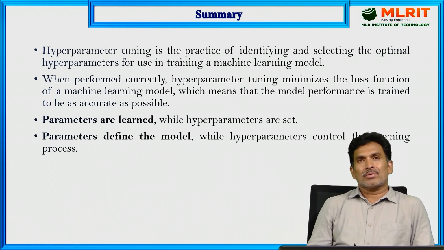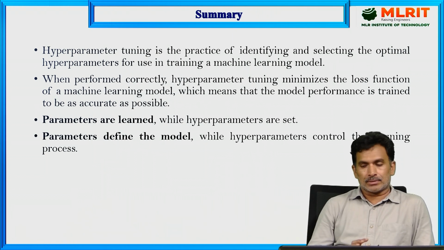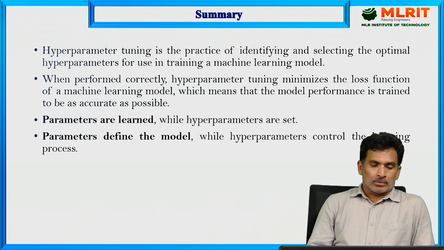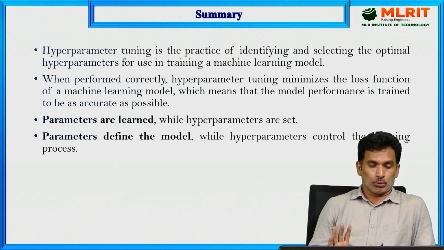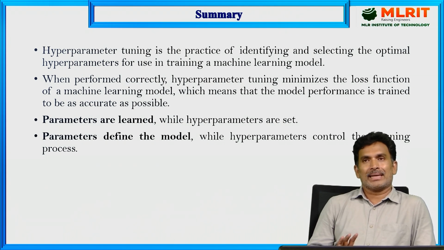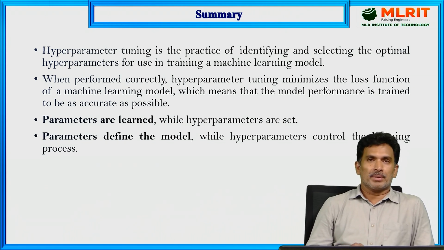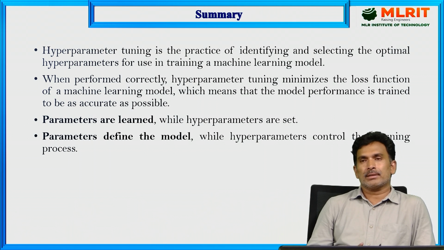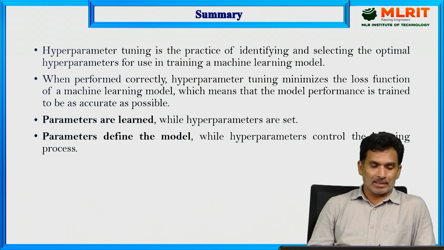So let us quickly recall what we discussed in this lecture. Here we discussed hyperparameter tuning. It is the practice of identifying and selecting the optimal hyperparameters for use in training machine learning models and also deep learning models.